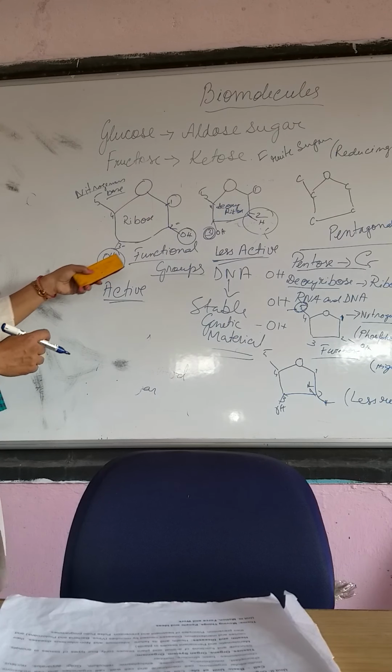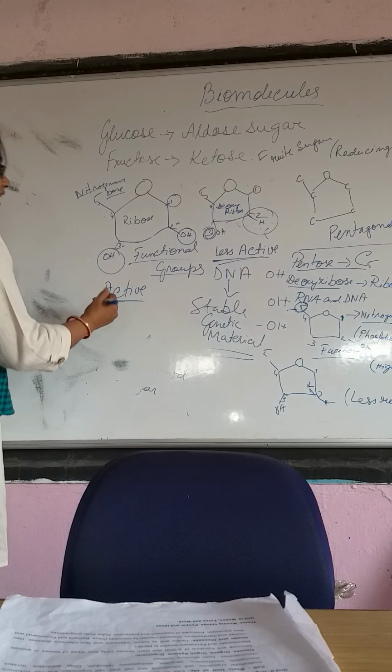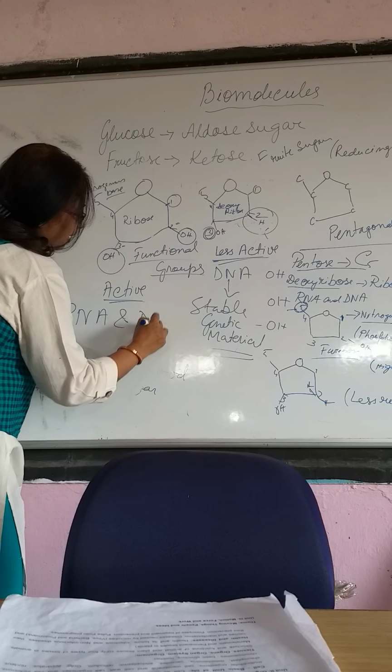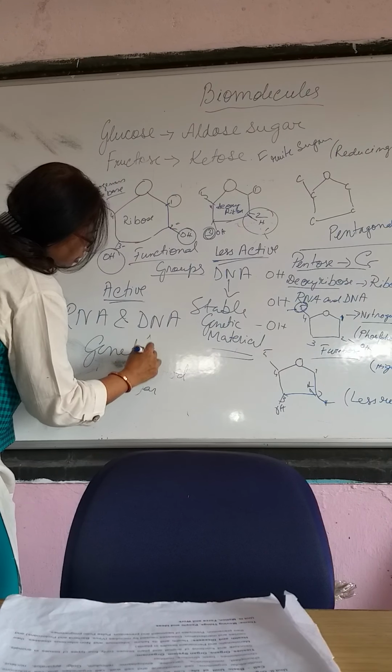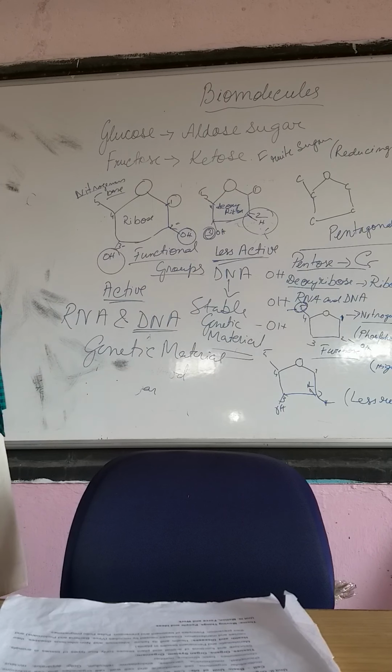And here this portion is highly active because of the 2nd position. So that is the main criterion. RNA and DNA both are genetic material, but DNA is stable genetic material and RNA is not a genetic material for the majority of animals.